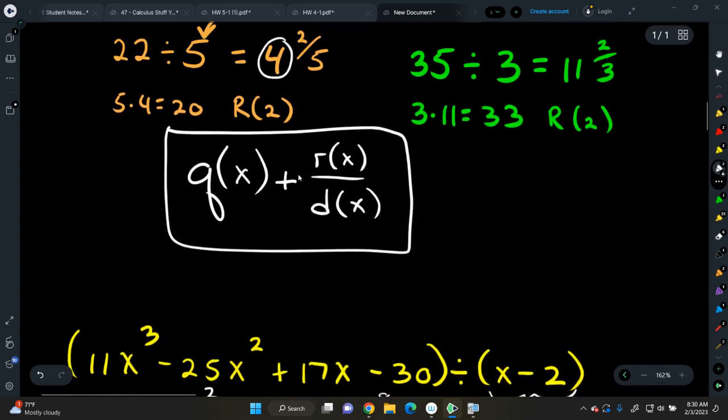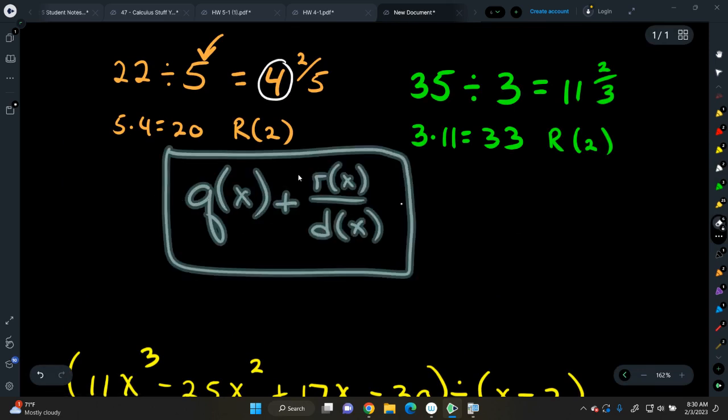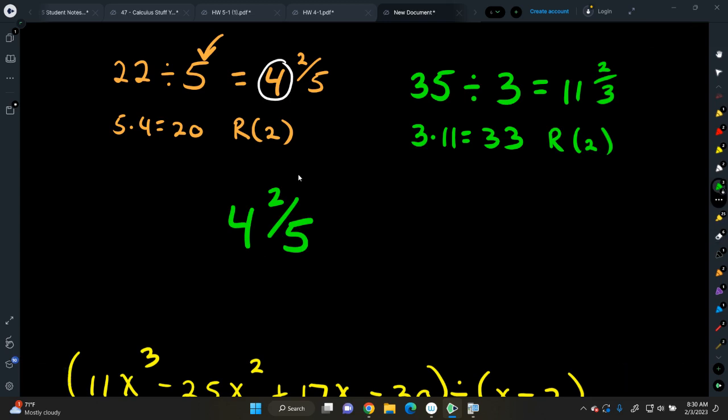Let's go back up here to the actual numbers that we worked with, right? Can somebody read this number to me? Wyatt, would you read that number to me? 4 and 2 fifths.